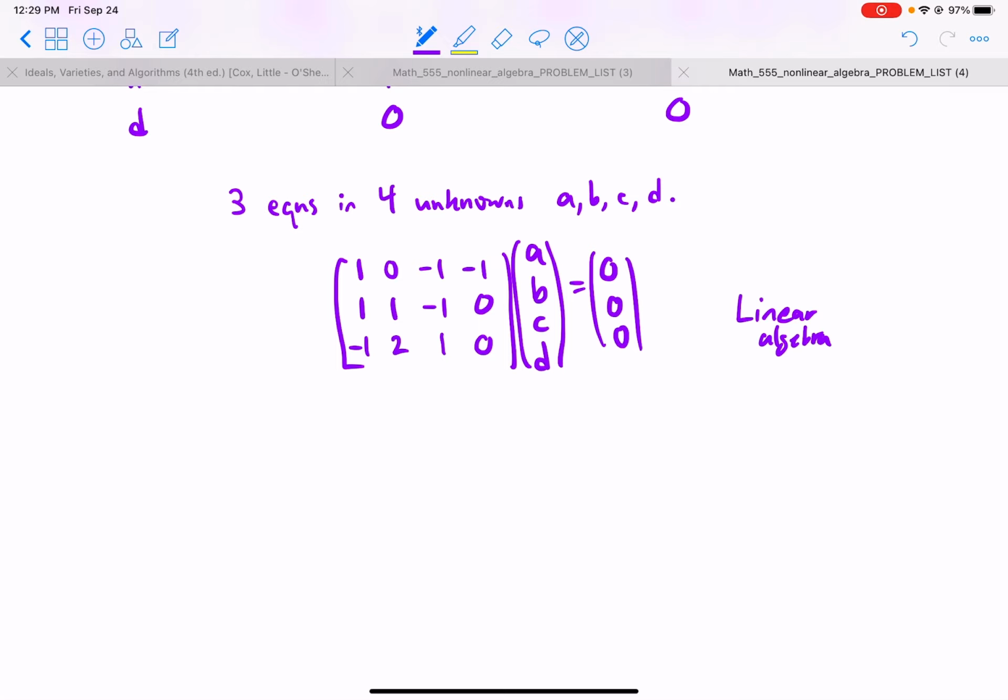And so we have to solve. So let's try. I'm just doing row reduction. I'm replacing the second row, doing this matrix multiplication here, which gives me this new matrix. The second row becomes minus the first plus the second.